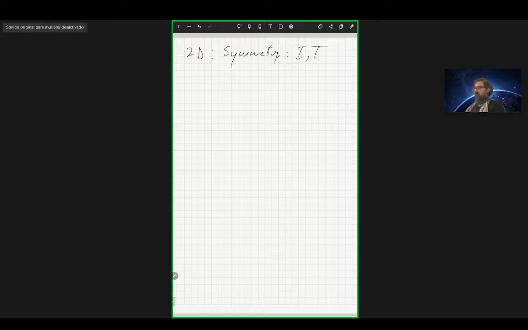So I have 2 generators of this group. Inversion sends R to minus R, and translation sends R, as a vector in 2 dimensions, to R plus the lattice vectors. And in 2 dimensions, there's 2 lattice vectors, A1 and A2, generically.